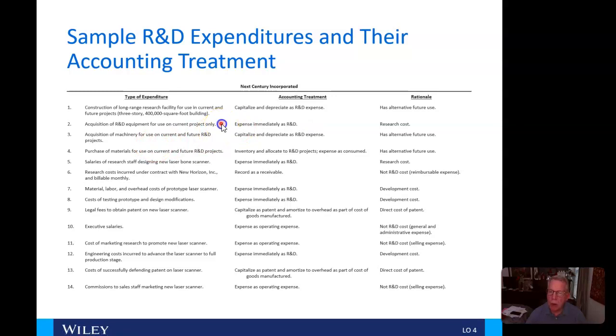If it has more than one use, then we could capitalize that. And then that's what they say here, et cetera, et cetera. I will let you read those as you go through. I think this is good to really get a sense as to when you capitalize R&D expenditures and when you expense them. Generally, we're going to be expensing the development costs immediately as R&D expenses.